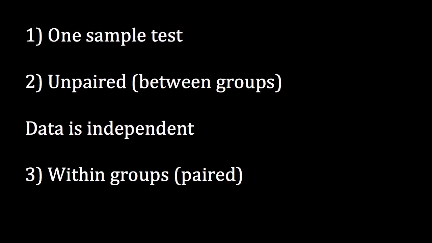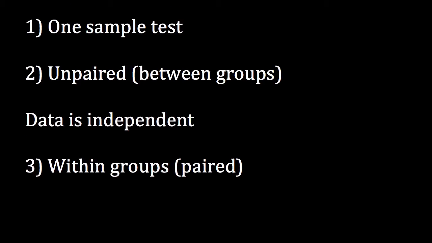And for paired statistical tests, the data is dependent. So for example, we could do a pre and post test. We take a group of patients that have asthma and we evaluate where their knowledge is at prior to educating them. We educate them, and then afterwards we see how much knowledge they've gained. In both groups, the same patient is being studied, so you see that the group data is dependent on one another.